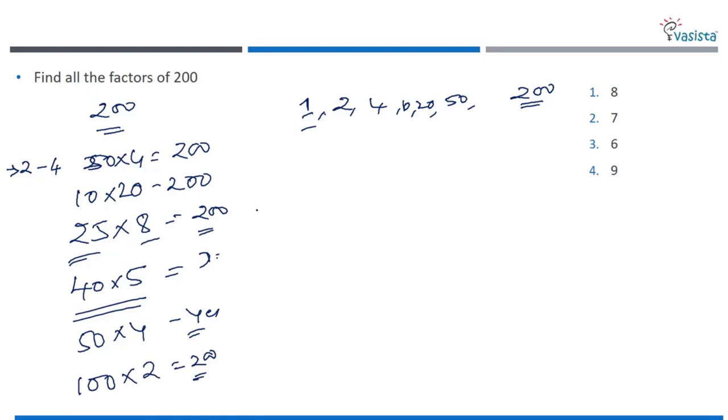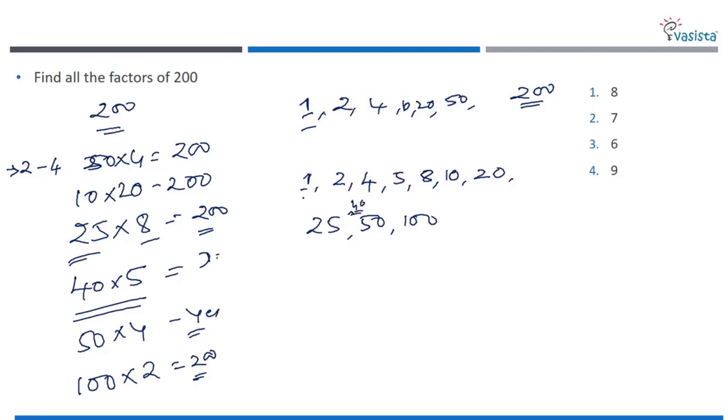So the factors of 200 are 1, then 2, then 4, then 5, then 8, 10, 20, then 25, 50 and then 100. And then one more is there, no? 40.